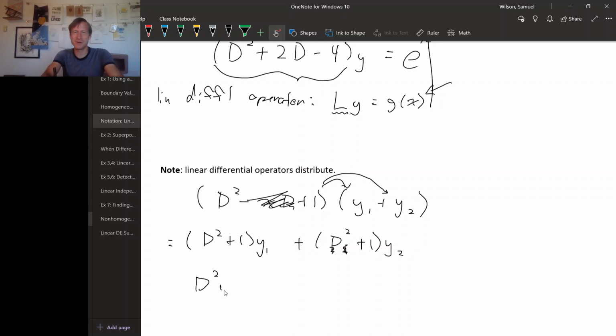This would be D squared y1 plus y1 plus D squared y2 plus y2. So this linear differential operator notation, the name linear is a good name because linear things should distribute, and sure enough, these differential operators do distribute.